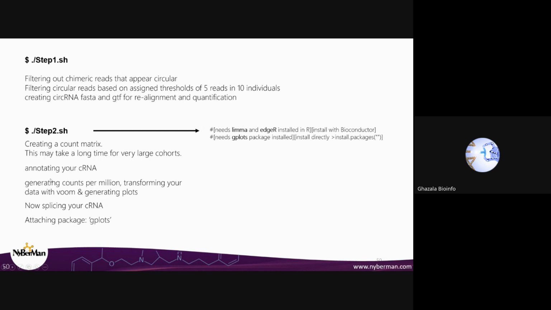In the second step, it will try to annotate the circular RNAs, and then filter the circular RNAs based on the counts per million, and the data will be transformed with voom, because it is trying to identify which reads in your sample are circular, showing the nucleotide sequences in circular format, and based on that it will generate the plots.